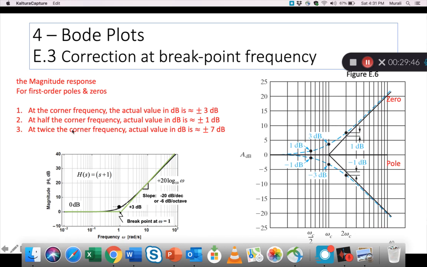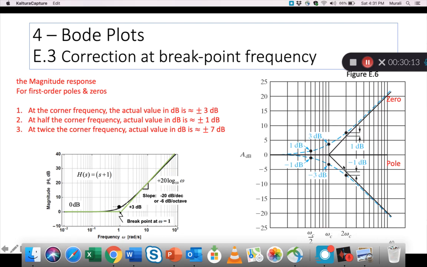Similarly, at twice the corner frequency, twice omega c, there is a plus or minus 7 dB value. Somewhere here, it's actually not so much a correction, but it goes to an absolute value of plus or minus 7 dB. Okay, so look at this point.